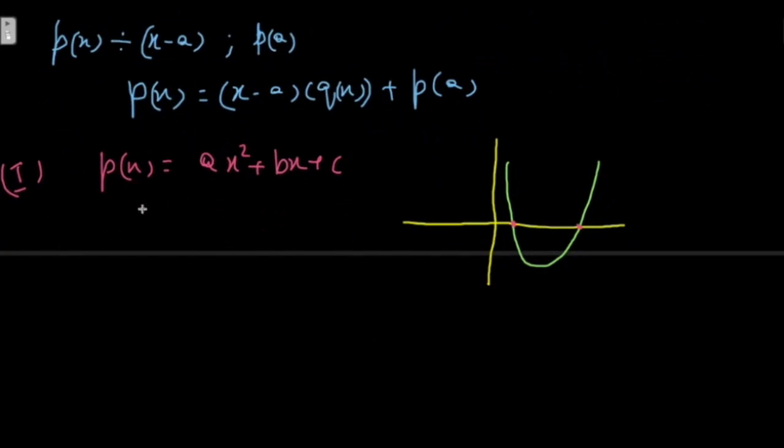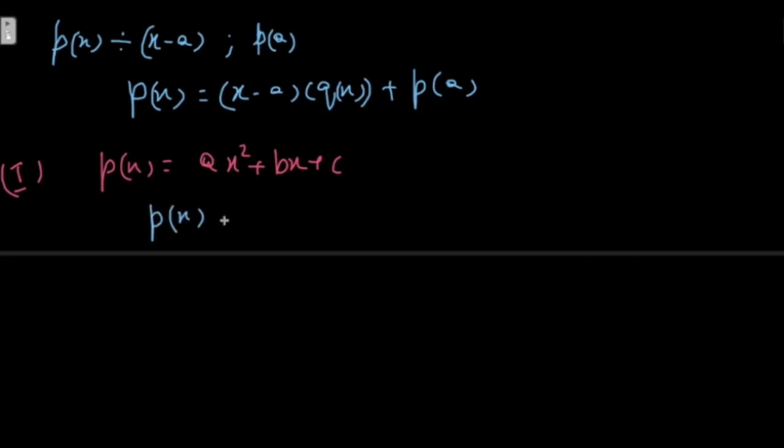Let me rewrite this. So from the remainder theorem we can write p of x as x minus r into q of x plus p of r, where we are writing r because in the theorem we have used the alphabet r.